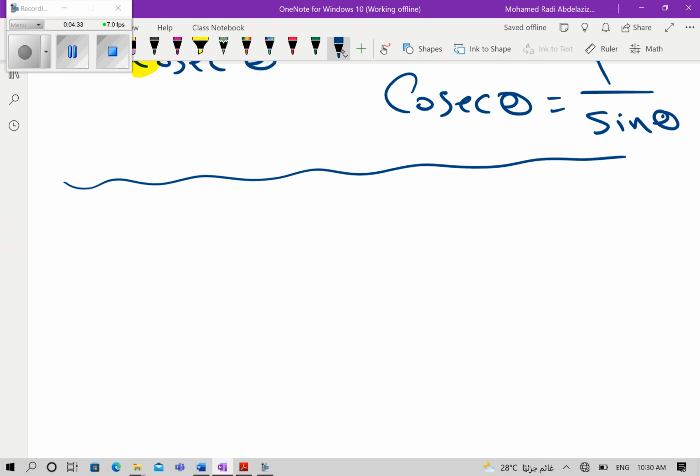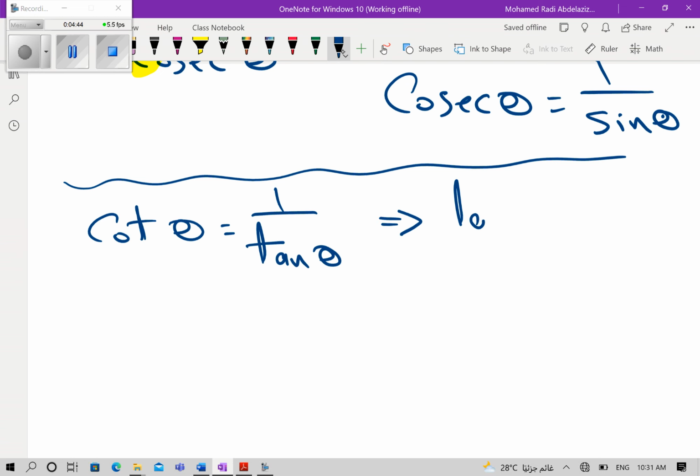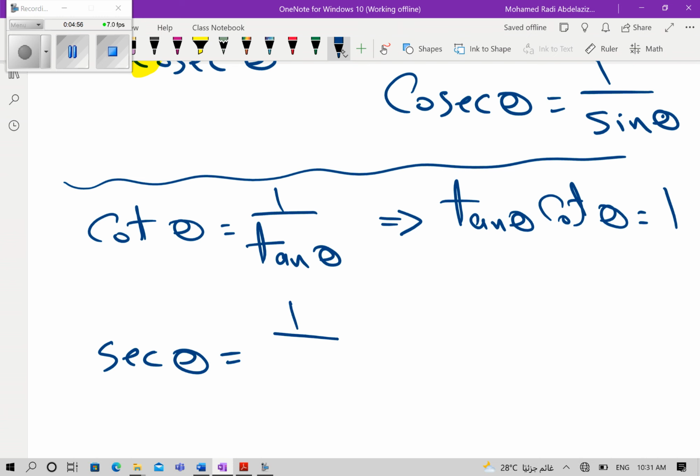Cotan is the reciprocal of what? 1 over tan. This means tan theta cotan theta equals what? 1. Identity. Sec theta is the reciprocal of what? Cosine.